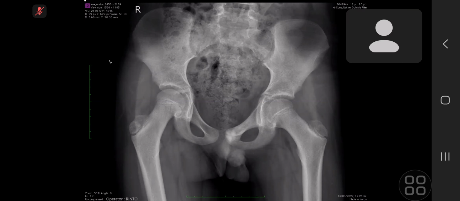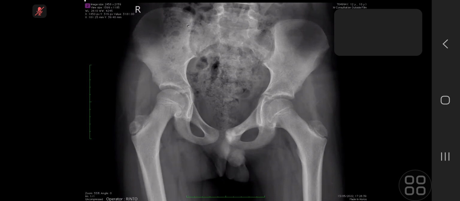The other thing I was focused on, in retrospect, is that on the left ilium there looks to be an area of lucency. It doesn't demonstrate any cortical breach. Yes, ignore that, that's fine.